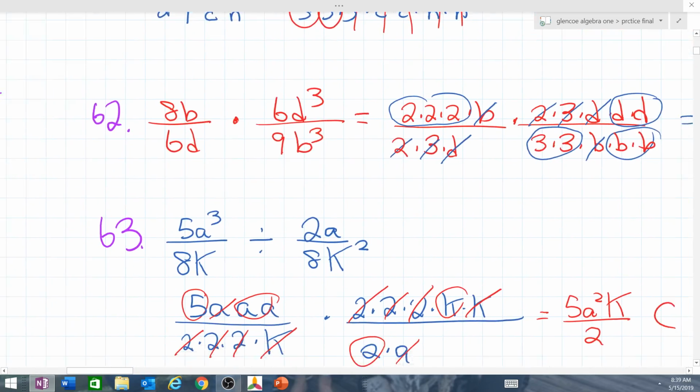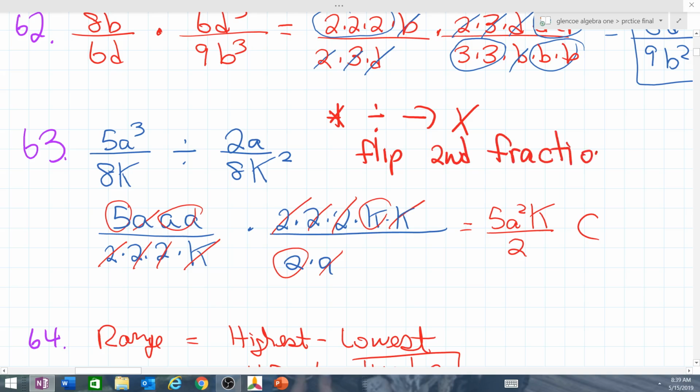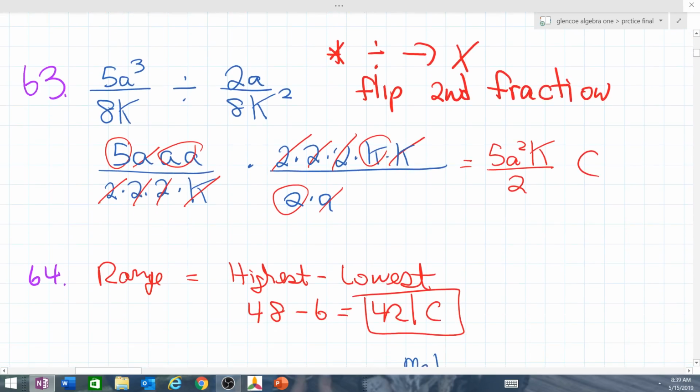Now, number 63, we're going to divide. Please remember, divide to multiply, and you flip the second fraction. So 63 is going to look like this: 5 times a times a times a over 2 times 2 times 2 times k. Divide to multiply and flip it.